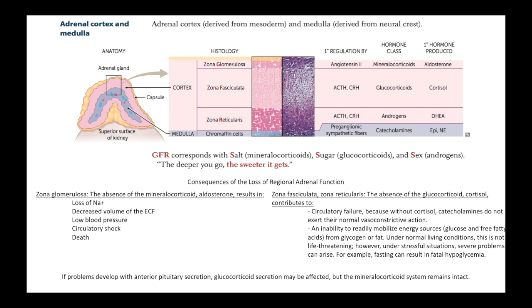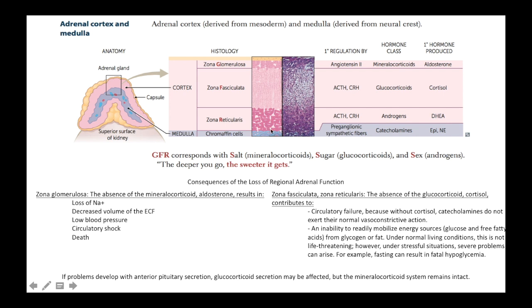So the zona glomerulosa is regulated by angiotensin II, and it produces the mineralocorticoids, primarily aldosterone. And the fasciculata is regulated by ACTH mostly, and produces glucocorticoids, primarily cortisol.